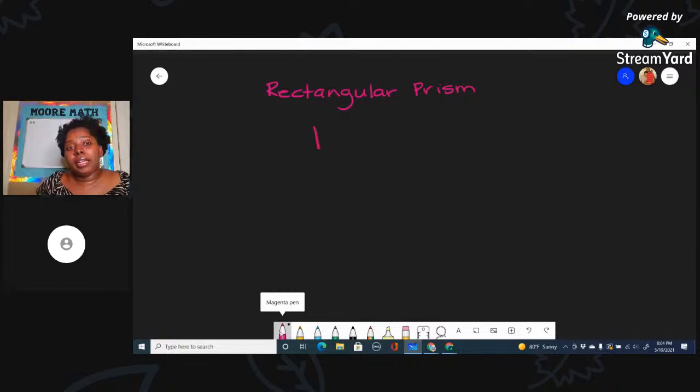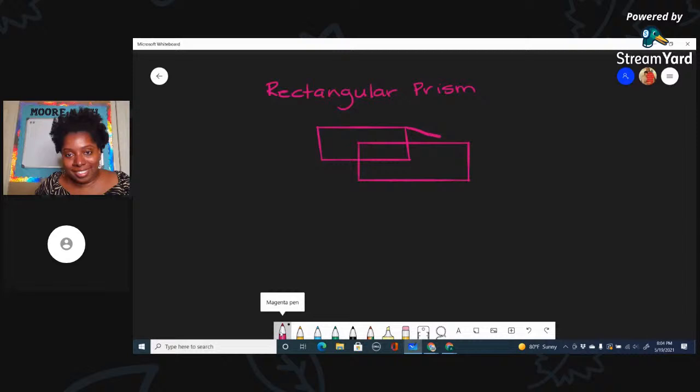Yeah. Okay, so for a rectangular prism, we draw it like a cube, sort of. I'm not the best artist, but I do try. So here is a rectangular prism. Okay, we have 6 sides.